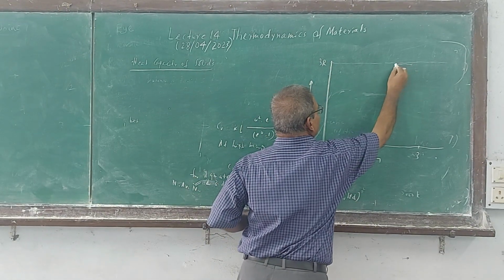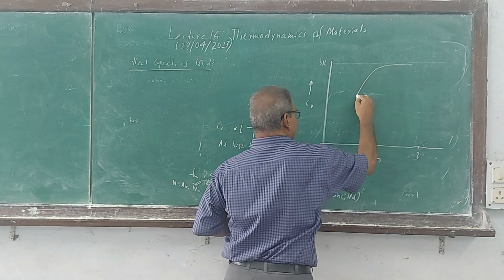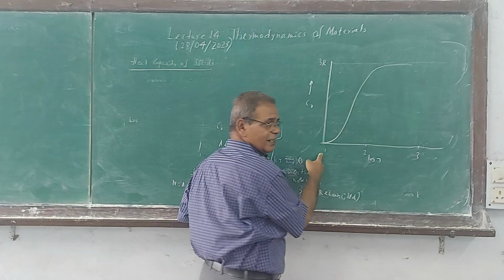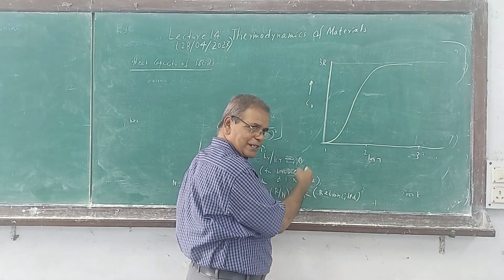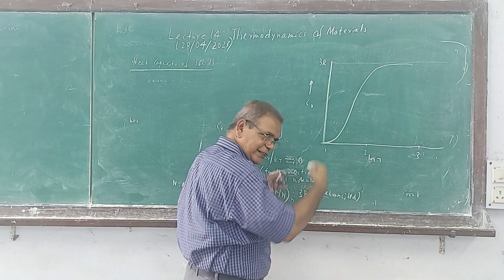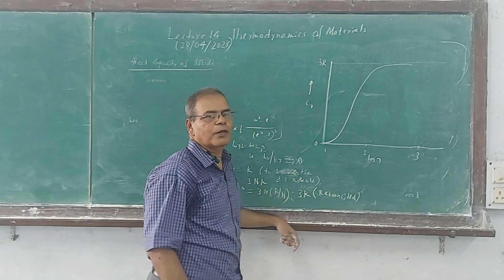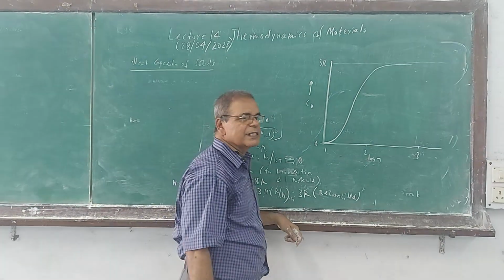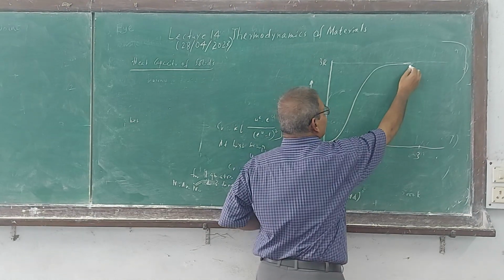Then this is the figure. When temperature tends to low temperature, the exponent is very large and the denominator is very large, so the value is 0. This is the experimental finding. Einstein is not exactly there.